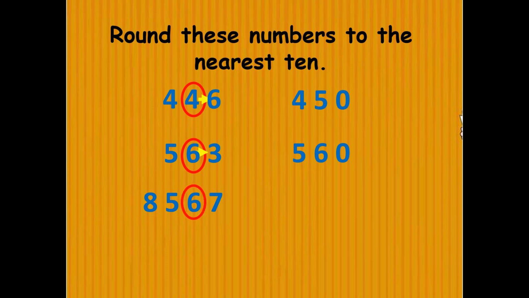Next number, 8,567. We circle digit 6 in the tens place and look at digit 7 in the ones place. Is it round up or round down? 7 belongs to round up. So that means we will choose between 8,560 or 8,570.